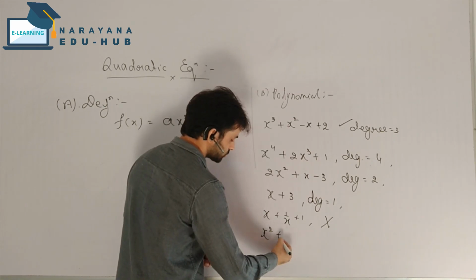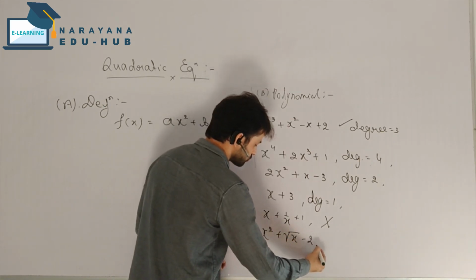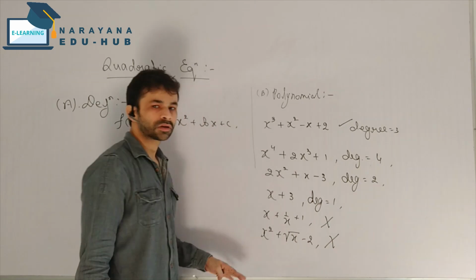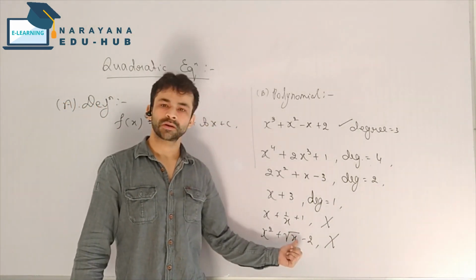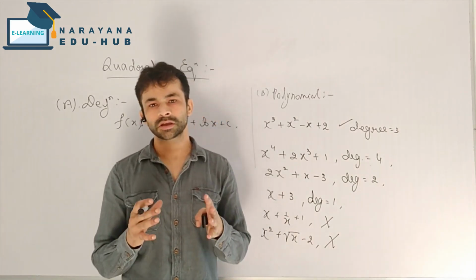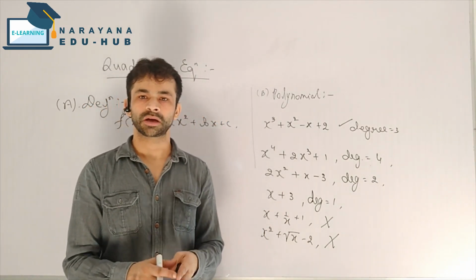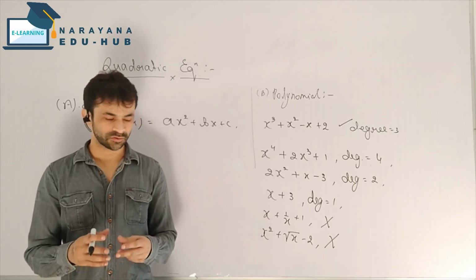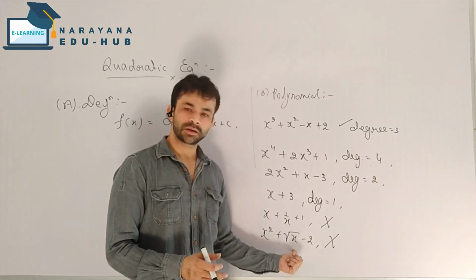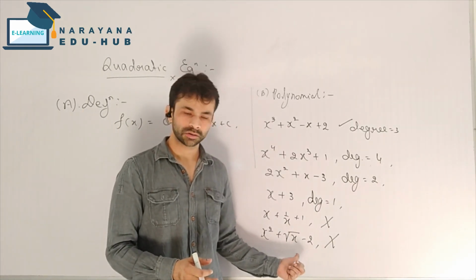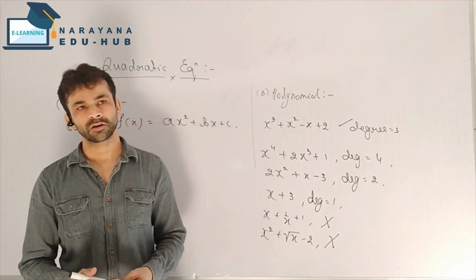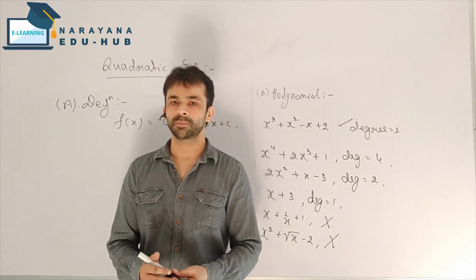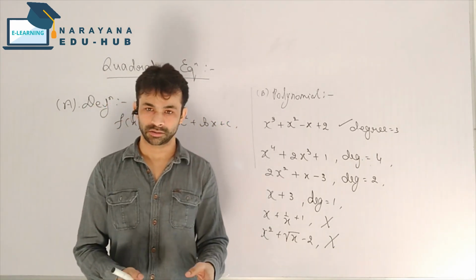If I write this, it is again not a polynomial, because here the power of x, for square root x, is 1 by 2. So the power of x is 1 by 2, and this is again not a polynomial. You have to keep this in mind: in any polynomial, the power of x cannot be negative, and it cannot be fractional.